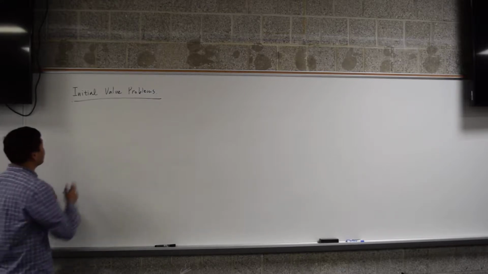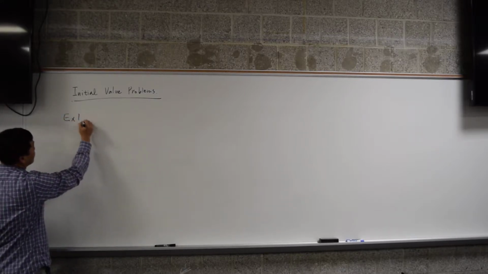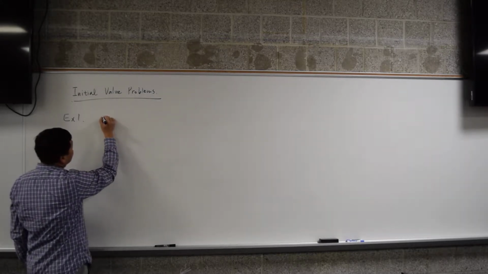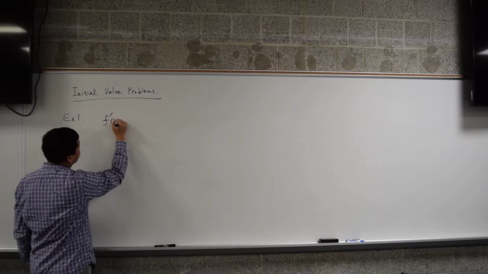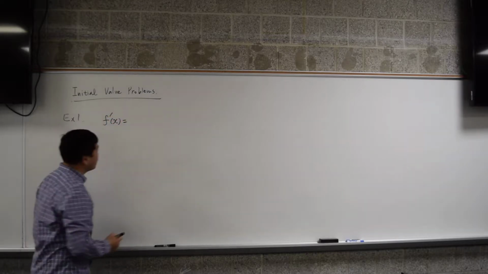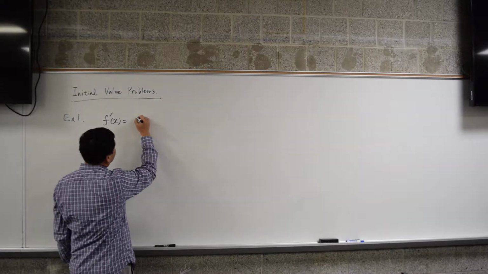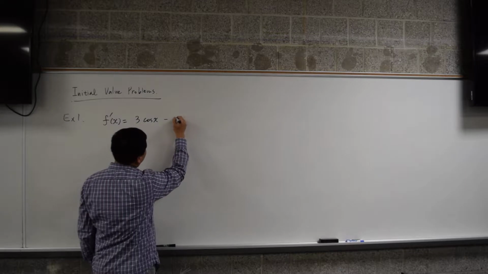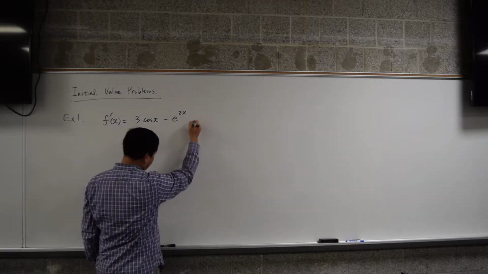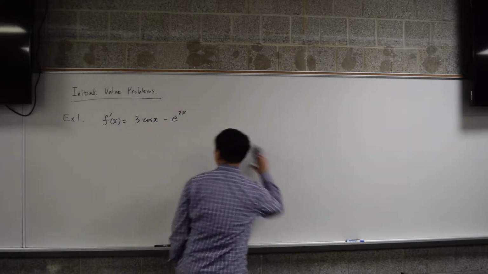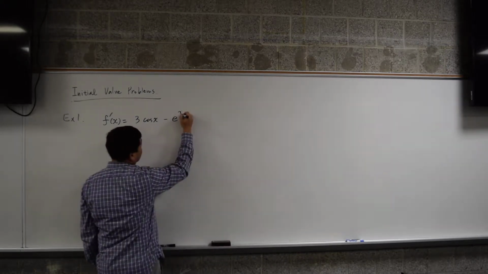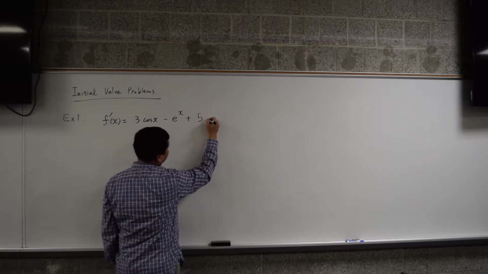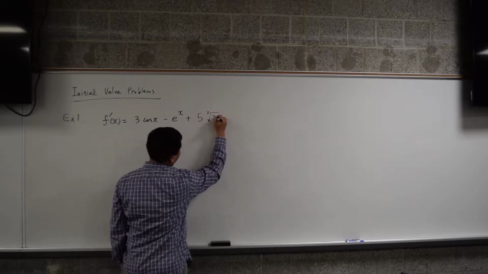So here's a very simple example problem, example 1. Suppose you have some function whose derivative is equal to 3 cosine x minus e to the x plus 5 cube root of x.